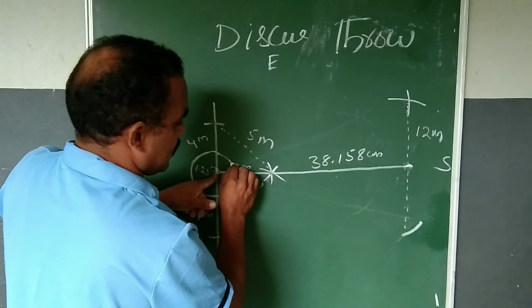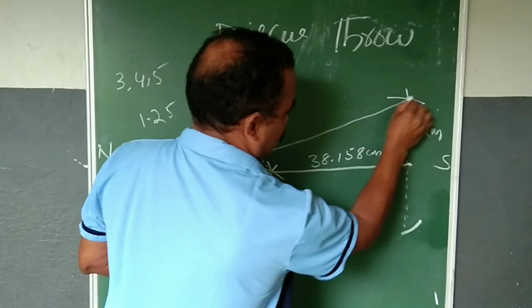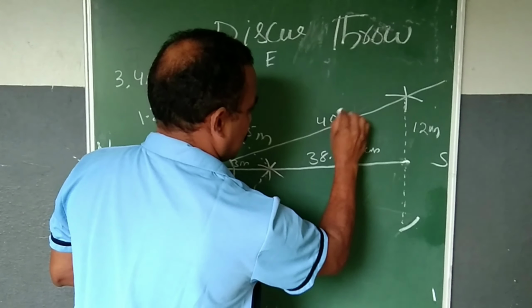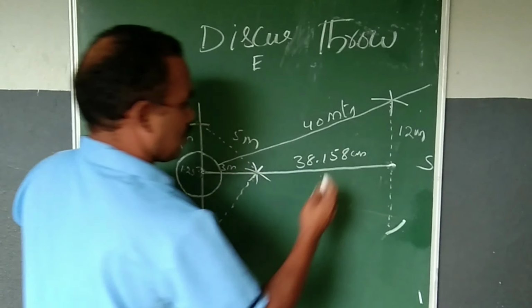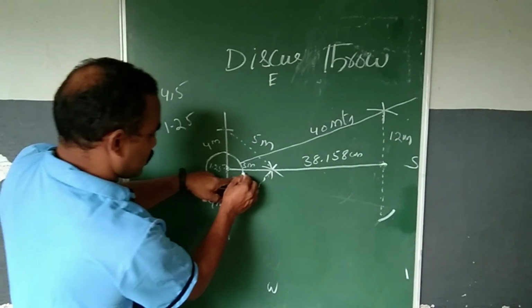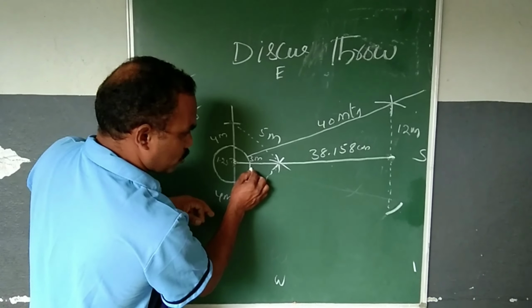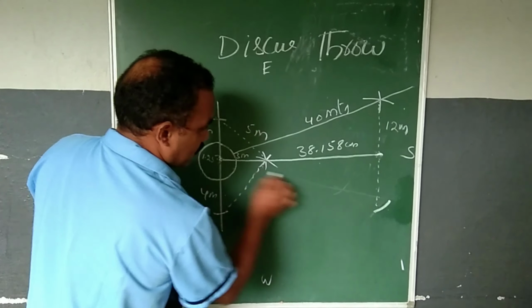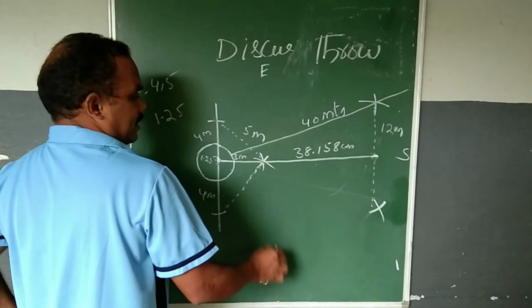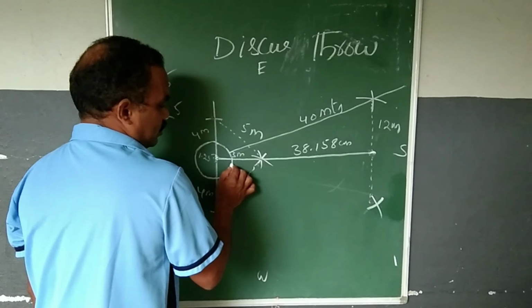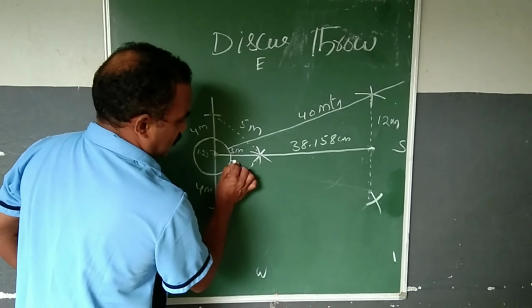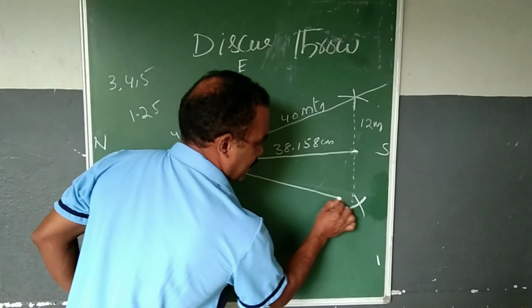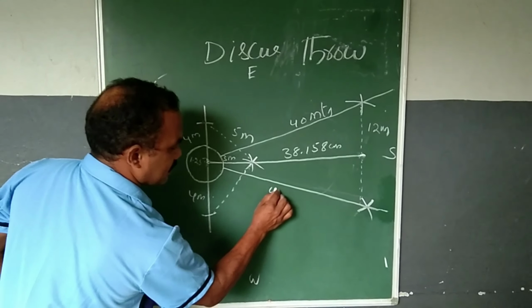This arc will be completely extended to that 40 meter arc. And the same way, from here outside, go for the 40 meter arc. This should continue from here as the 40 meter arc.